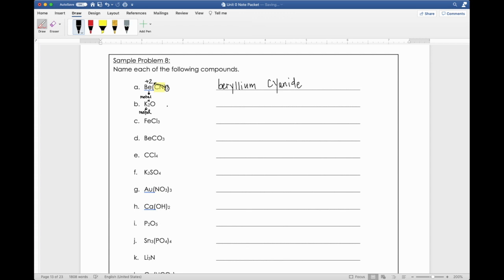Potassium's charge is always +1. It is an alkali metal with 1 valence electron. It's always going to lose that 1 valence electron. So again, we don't have to say the charge on potassium because it is always +1. So we're just going to write potassium without a Roman numeral.